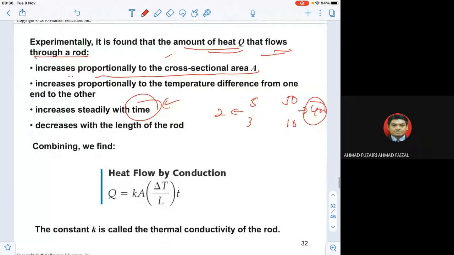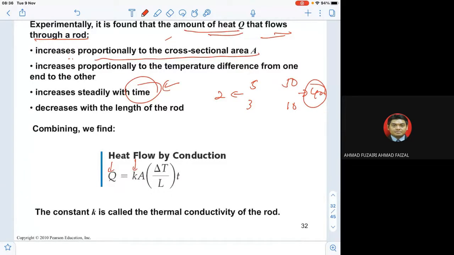When we combine these, we get the heat flow by conduction. Q is equal to k, the thermal conductivity, which is a value taken from an appendix for every material.